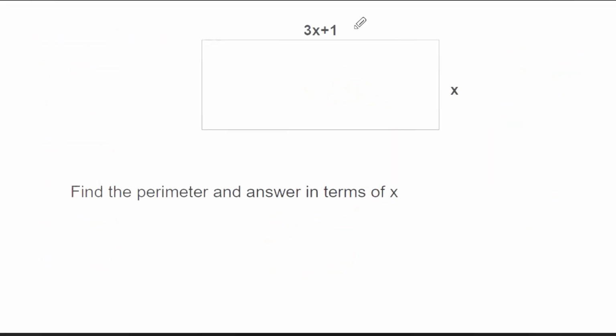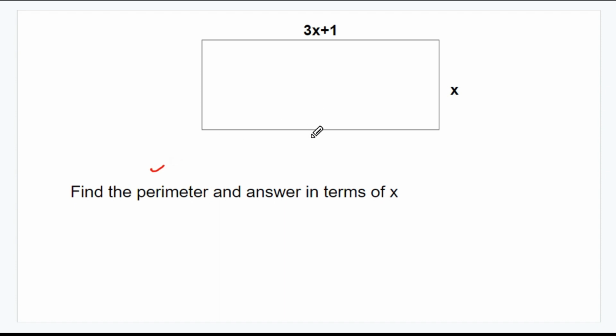Okay, let's do one word problem where you need to find the perimeter. Then we need to answer in terms of x. Now, in terms of x is the same as subject. So what they are saying is that you need to make x your subject. Okay, let's solve it.